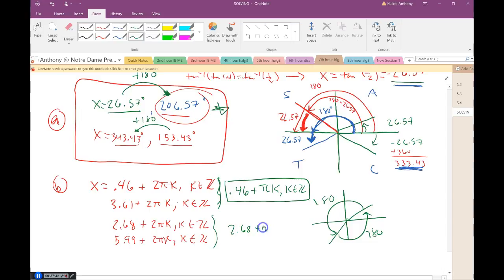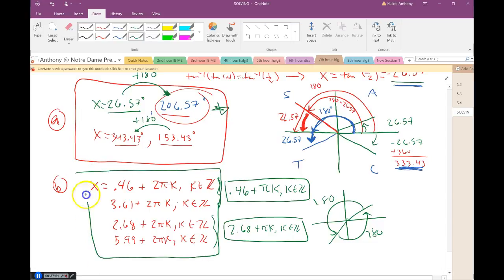Now, do I expect you to catch that on the quiz or the test? No. It's okay to just write it this way. But I'd probably give you extra credit if you notice that you could combine those infinitely many things into a more condensed answer, the way the back of the book would.